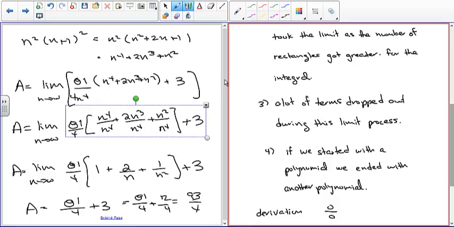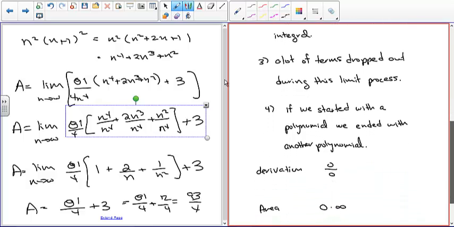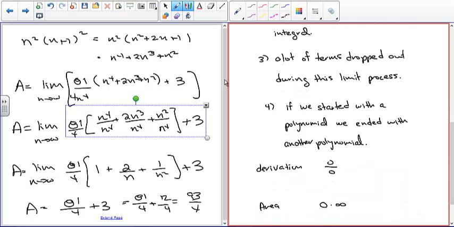Now, in the case of a derivative, if we started with a polynomial, we ended up with another polynomial. Also, that should really say derivative, not derivation. For the derivative, what we ended up with was an indeterminate result.